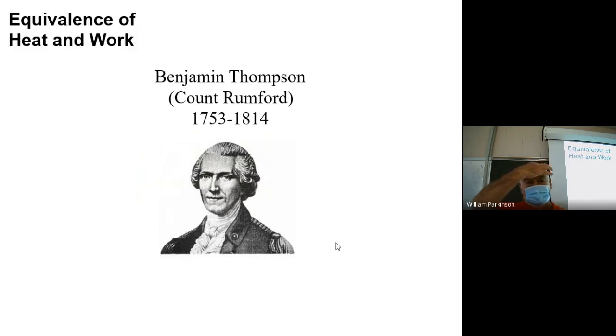First of all, Benjamin Thompson was actually an American when things began. He was living in America. But when the Revolutionary War broke out in 1776 or whatever it was, he was sympathetic to the British cause and went back to England.